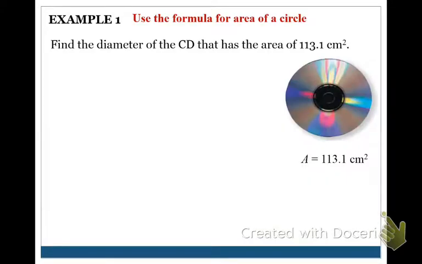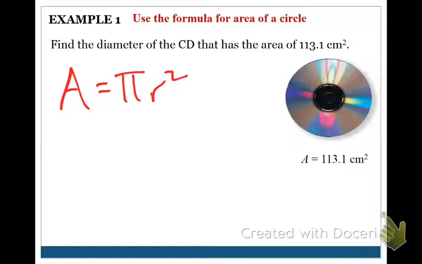Use the formula for area of a circle. Find the diameter if it has an area of 113.1. Okay, so we're going to write the formula. Area equals pi r squared.